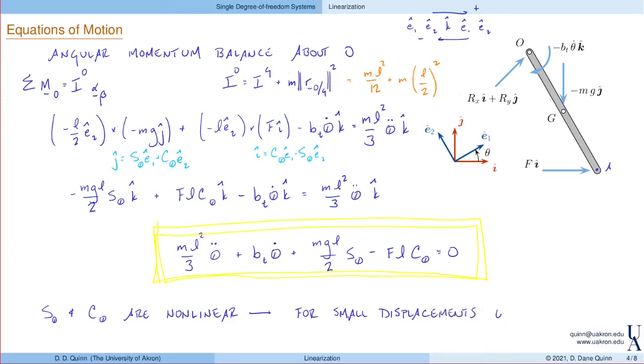So for small displacements, we can approximate these functions, both sine and cosine, with linear functions.